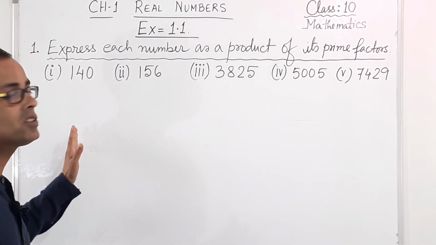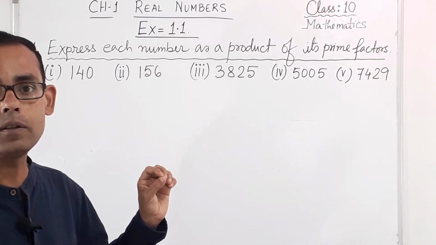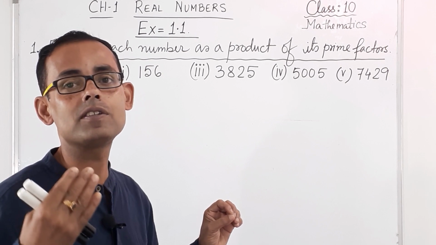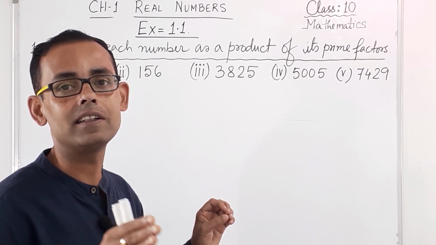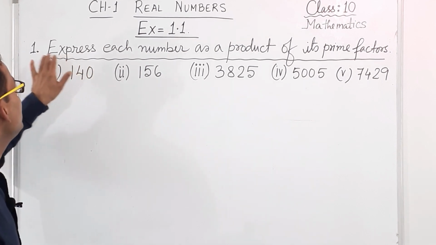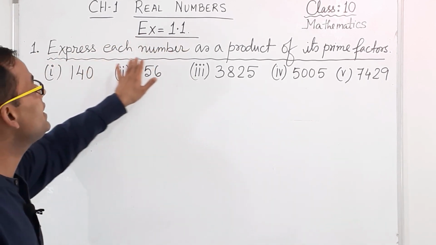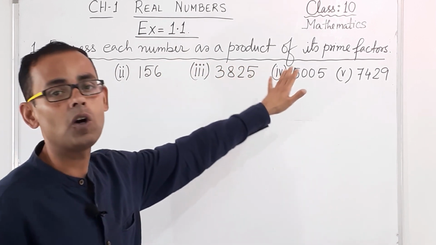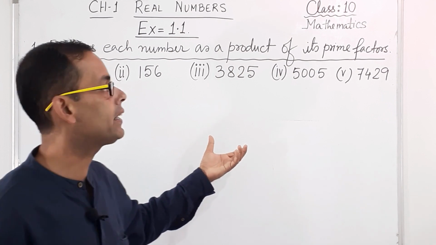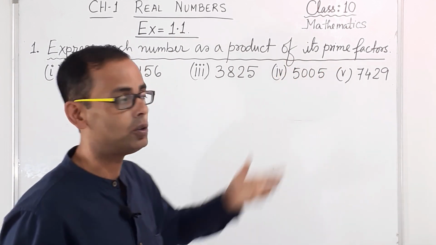Because when we solve 1.1, we will be revising what we have studied in class 6, 7, 8, 9. Here question number 1, exercise 1.1, says express each number as a product of its prime factors. So here we will be doing math practice. We will also come to know about prime factors, or prime numbers.